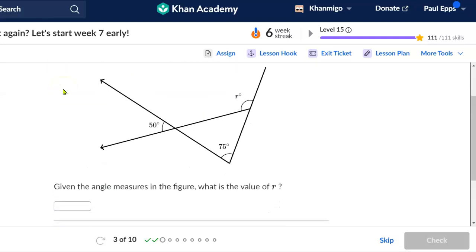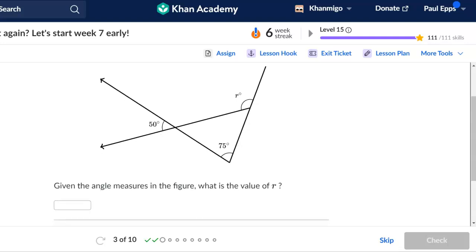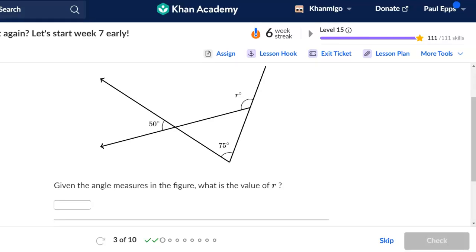Given the angle measures in the figure, what is the value of R? Value of R. So let's do this first. These angles here, opposite angles. Oh, wait, I need a pen. Right here, that's also going to be 50. Now we've got a triangle.